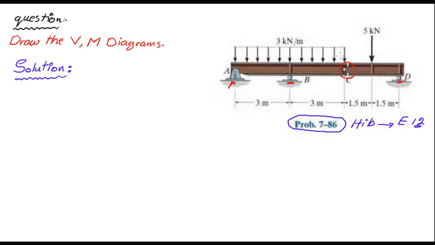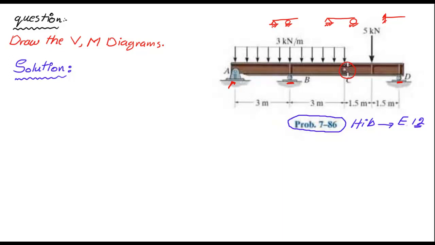Usually what we see is something like this: a hinge and a roller, or maybe a fixed end, or maybe an overhanging part, but sometimes we encounter these kinds of problems.